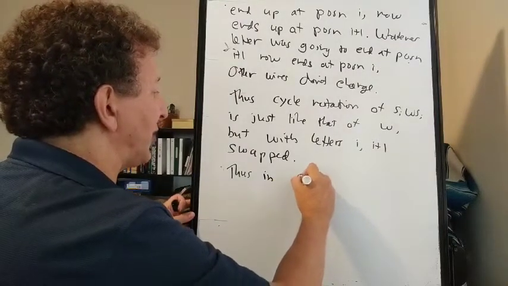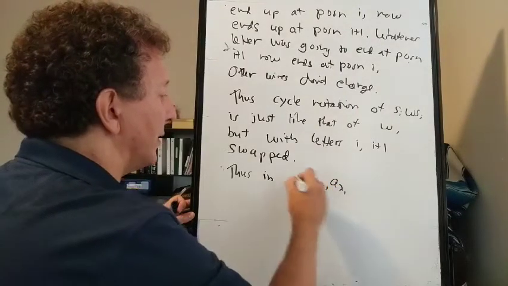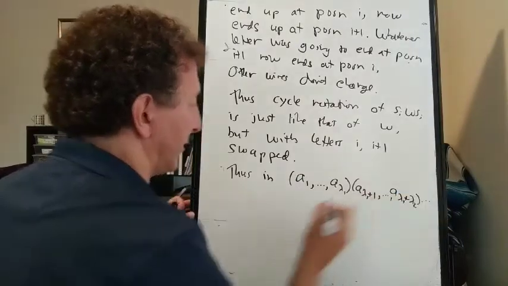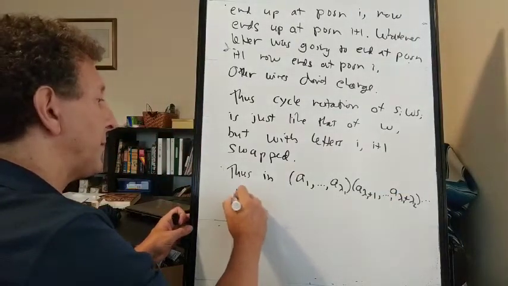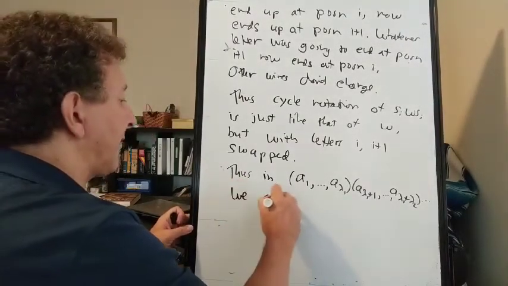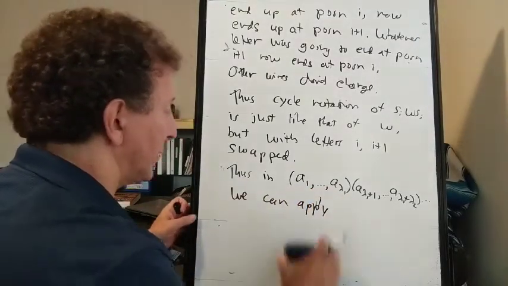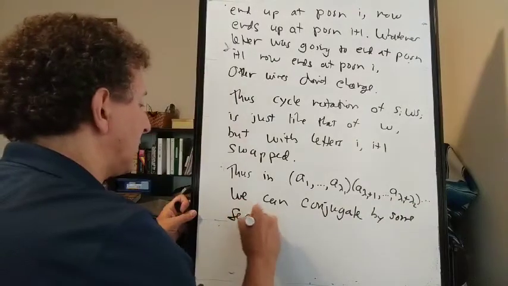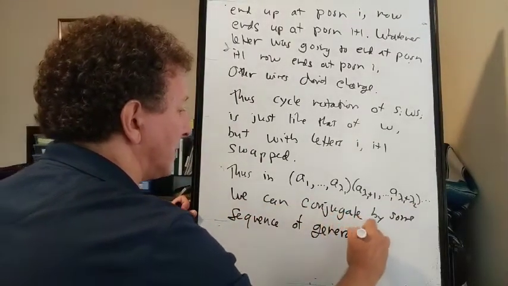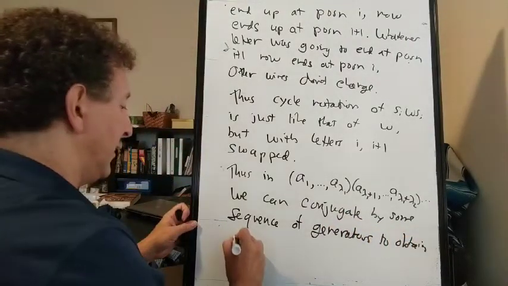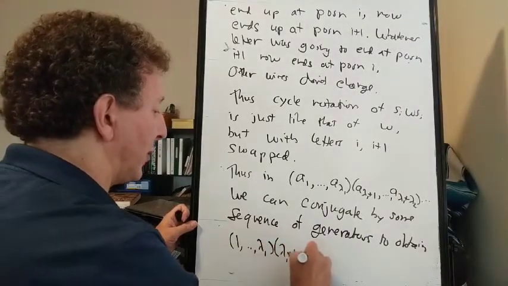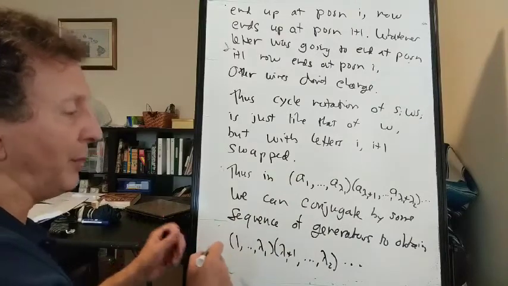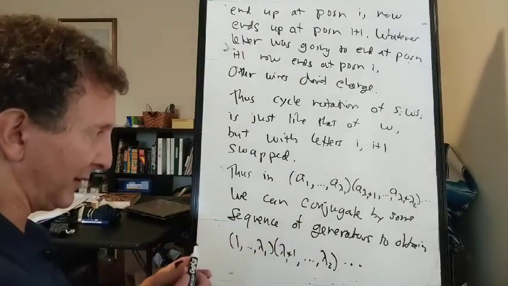So that means if we have a cycle notation, something like A1 through A lambda 1, A lambda 1 plus 1 through A lambda 1 plus lambda 2, etc., we can conjugate by some sequence of generators to obtain 1 through lambda 1, lambda 1 plus 1 through lambda 2, etc. So therefore our original permutation is going to be conjugate to this sort of most simple permutation of cycle type lambda 1, lambda 2, etc.